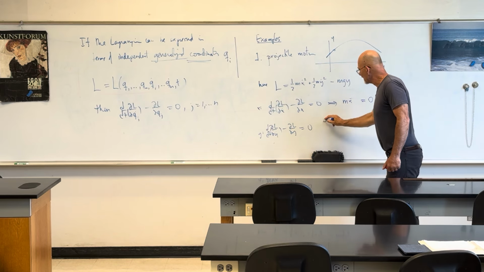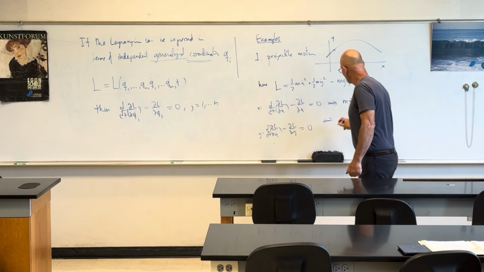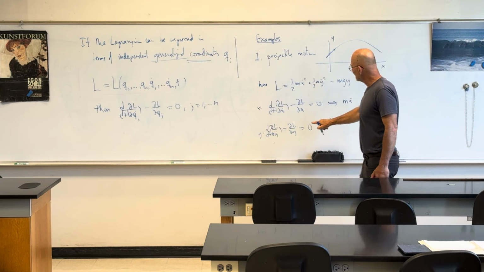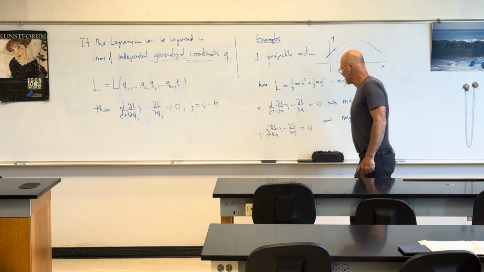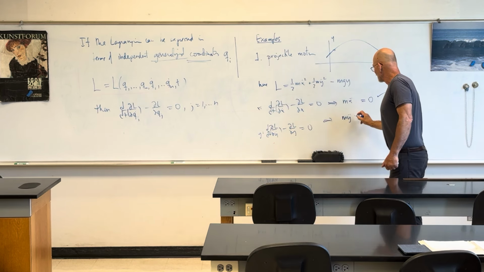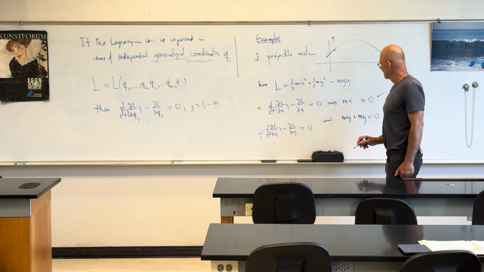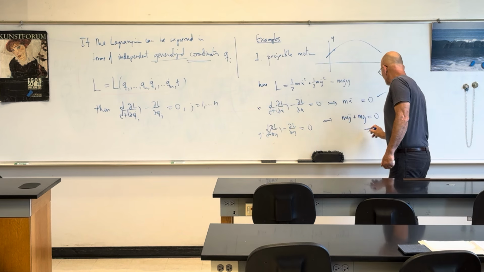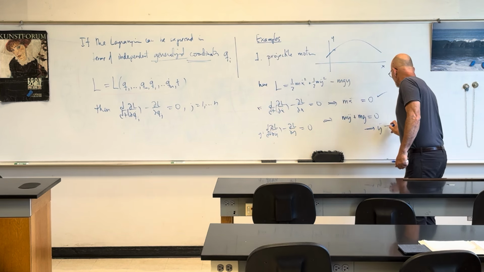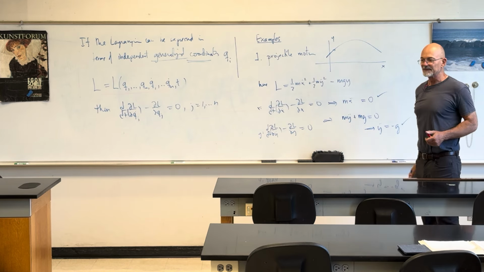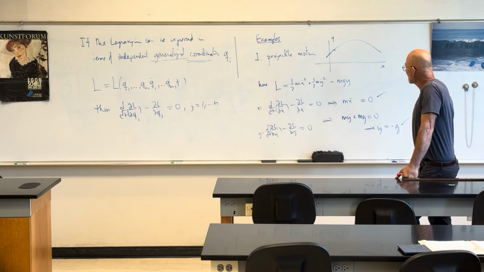The second one, we're going to have m y double dot minus partial L over partial y, so it's going to be plus mg equals 0. And what we see is that's good old free fall. y double dot equals minus g. So they just come out automatically. Projectile motion is a good example.